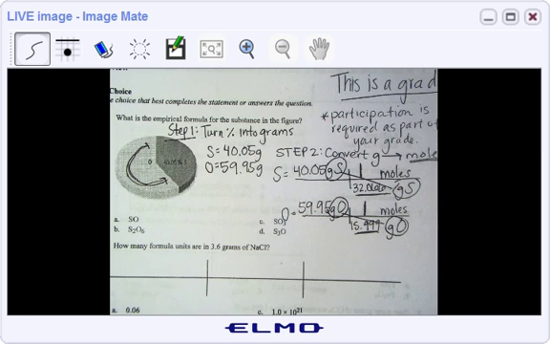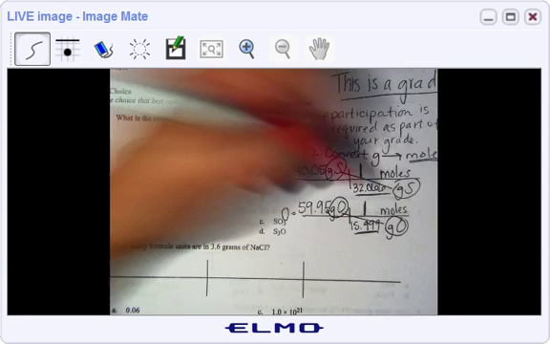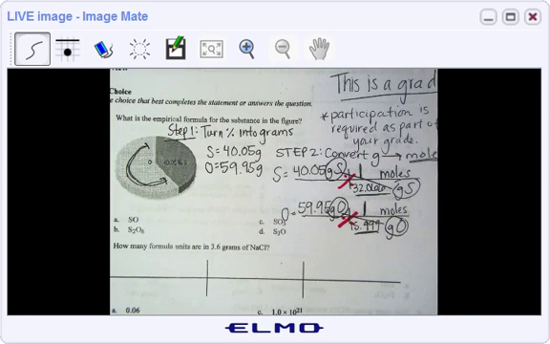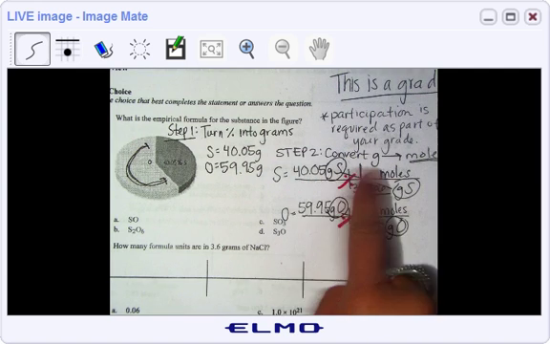Okay, now if we look at this, are we multiplying or dividing? We are going to find a different color pen. Divide. Okay? If anything is side by side, you multiply.